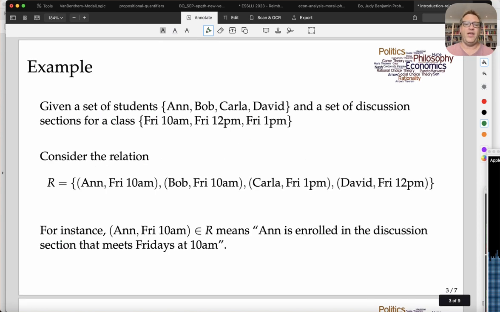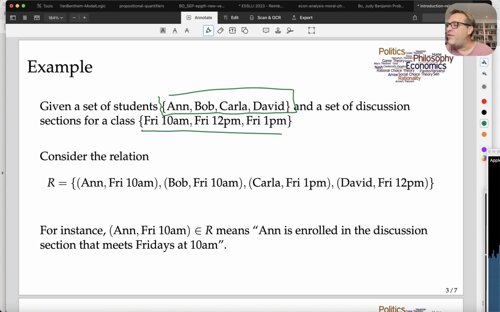So let's look at an example. Suppose we have a set of four students, Anne, Bob, Carla, and David. And we have a set of three discussion sections, Friday at 10 a.m., Friday at noon, and Friday at 1 p.m. Now consider this following relation. The relation R is going to be a set. So the curly braces there indicate that a relation is in fact a set. The elements of the set are going to be the ordered pairs, the things that are related to each other.